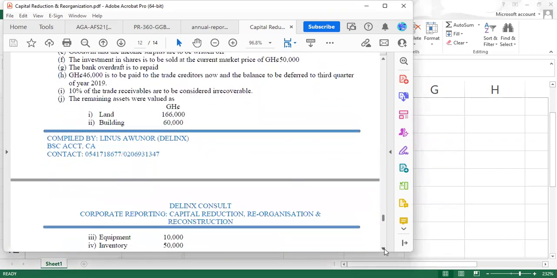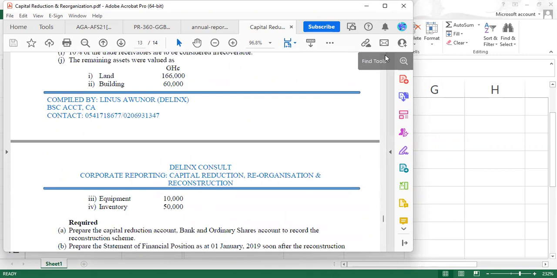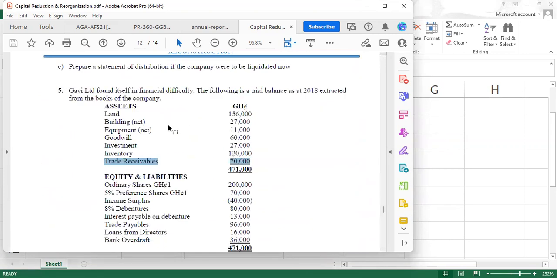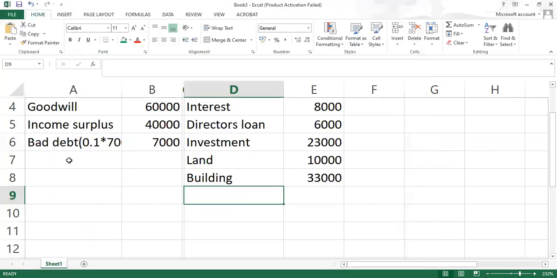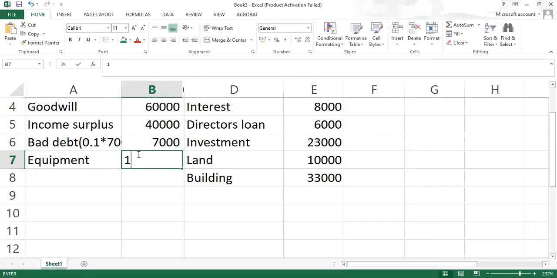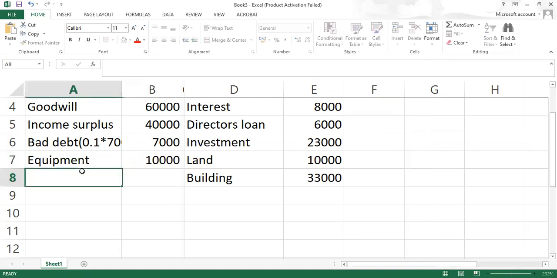The new value of the equipment is 10,000 now. Okay. What was the original figure? Let's go and compare. Equipment was what? 11,000. What is happening? You have lost 1,000. So equipment is now a loss of 1,000. Okay. Let's come to the next one.